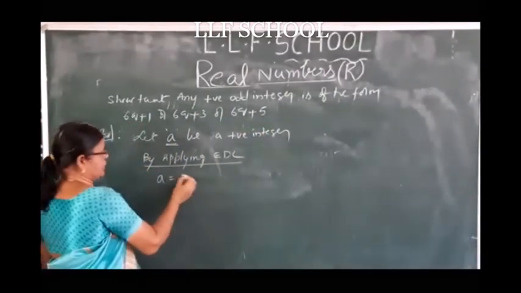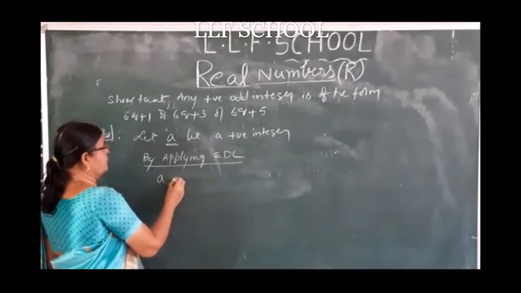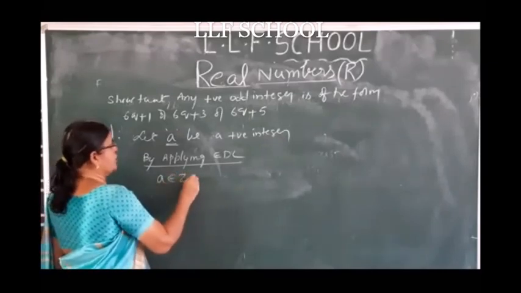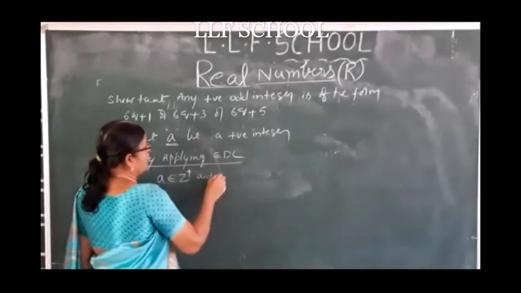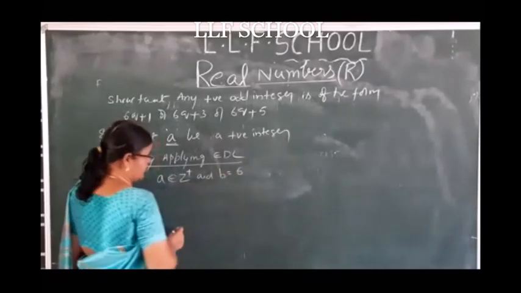That's why B is 6. A is a positive integer, A belongs to Z plus, and B is equal to 6.